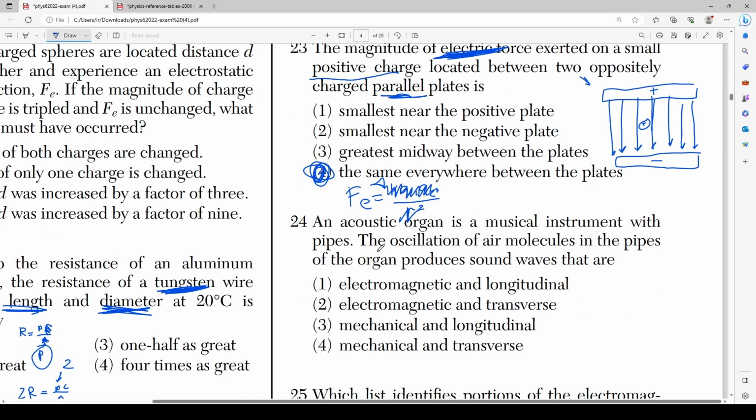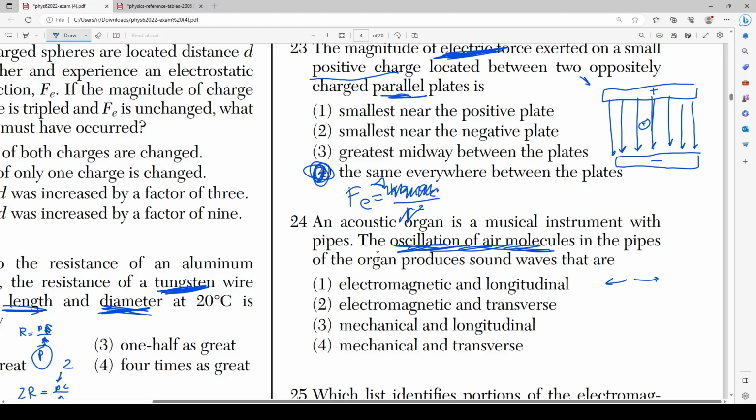Number 24 says an acoustic organ is an instrument with pipes. The oscillation of air molecules in the pipes of the organ produces sound waves that are what? Well, here we have the oscillation of air molecules. Whenever you have something oscillating, you have something that's moving back and forth. Since an oscillation is a type of movement, I'm going to think movement, mechanical.